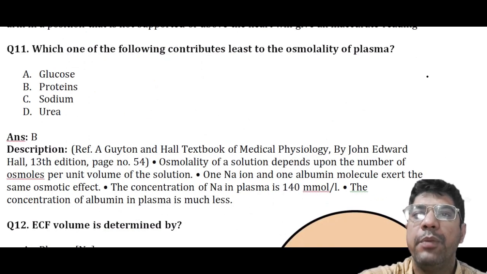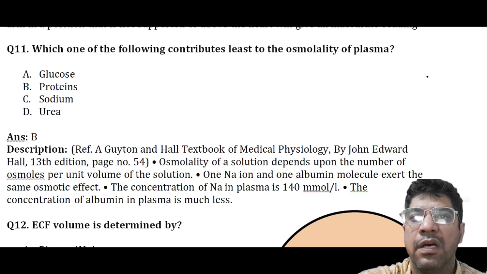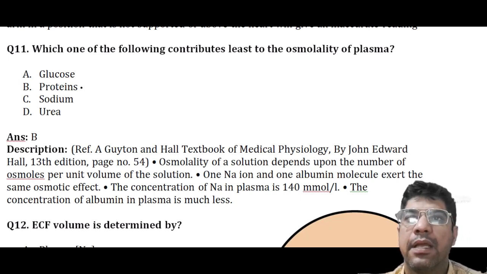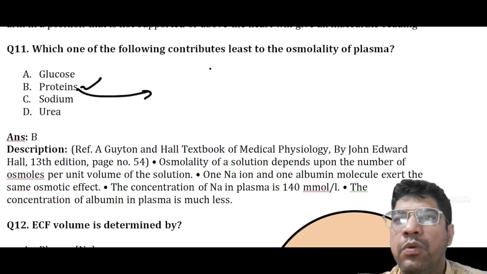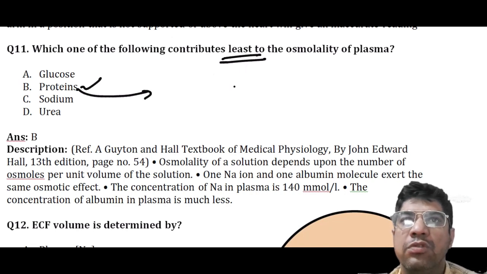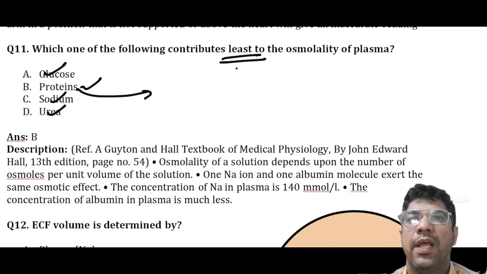Which of the following contributes to the osmolality of the plasma? Among the options, the proteins contribute the least to the osmolality of the plasma, while glucose, sodium and urea help to determine the plasma osmolality. Osmolality of plasma measures how concentrated or diluted your blood is.